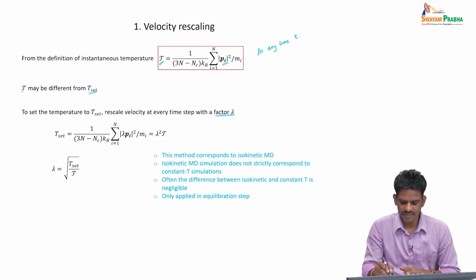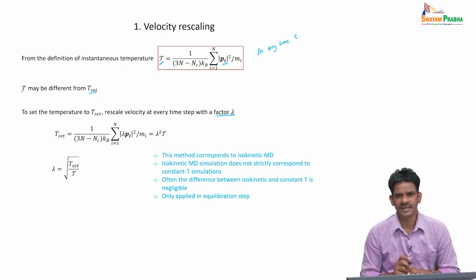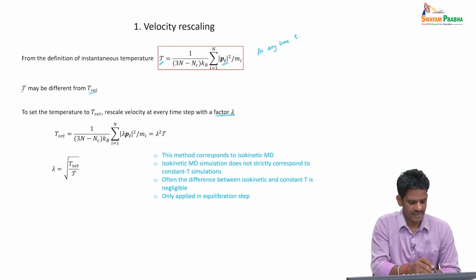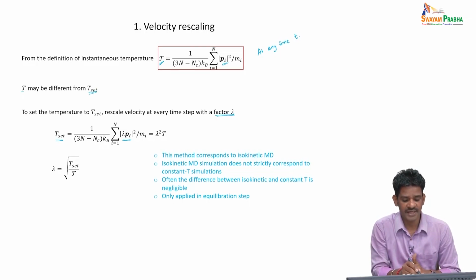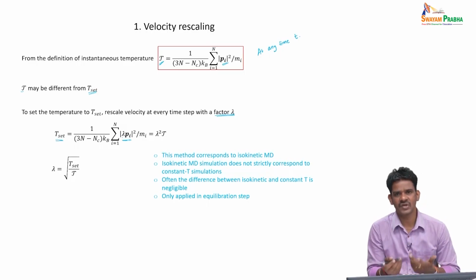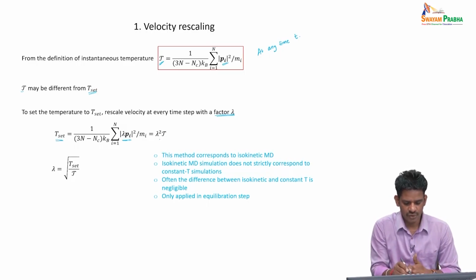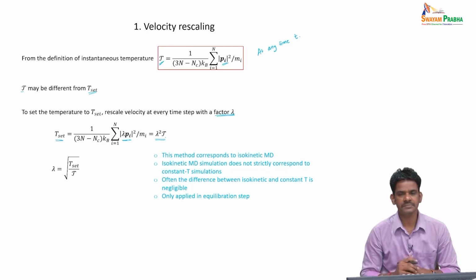Suppose I multiply all the velocities by a scaling factor of lambda. Because each particle's velocity is multiplied by lambda, a factor of lambda comes out in the definition of temperature. Lambda is a scalar, a constant, so I can take it out, and show that T set is given by lambda squared times the instantaneous temperature at that particular point of time.